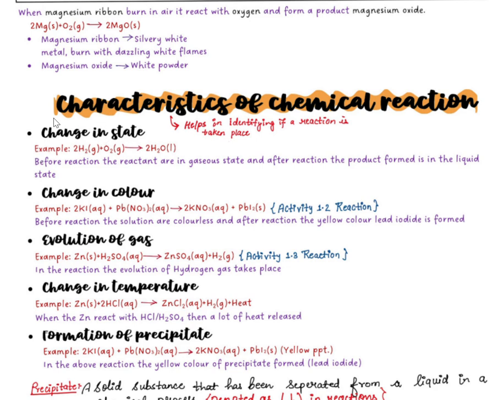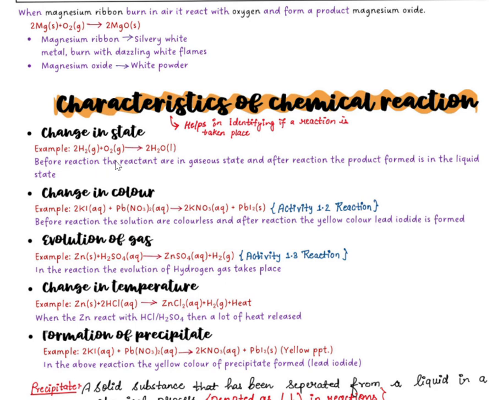The first thing is change in state. When a reaction happens, sometimes the state of the reactant and the product are different. Let us consider one example. When hydrogen gas reacts with oxygen gas, they produce water, H2O.